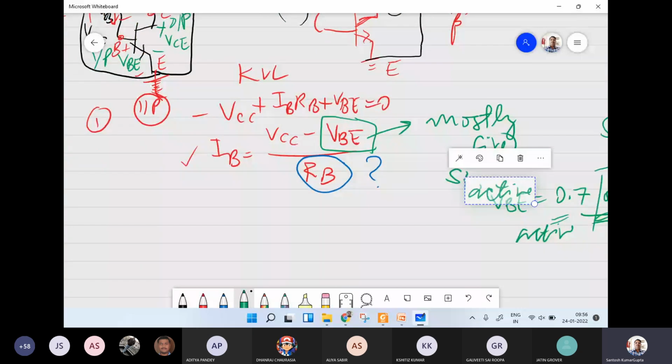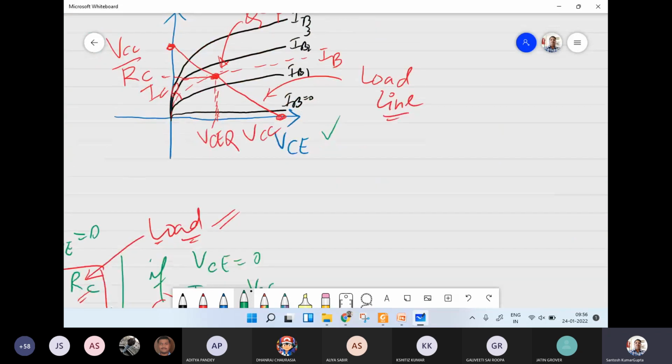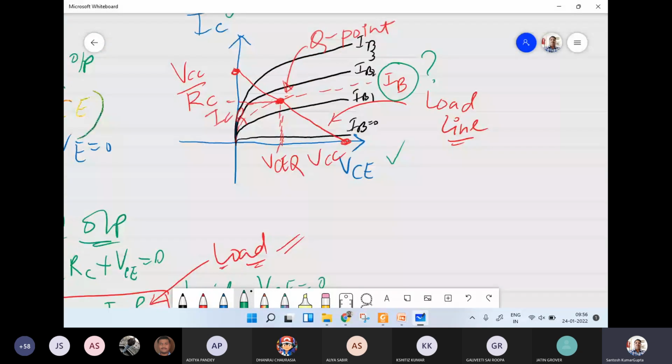And VCC is applied externally, so we will be knowing about this, and depending on the value of IB we want to generate the curve, we can choose the value of RB. Or RB is given, say, and then we can find out the IB.